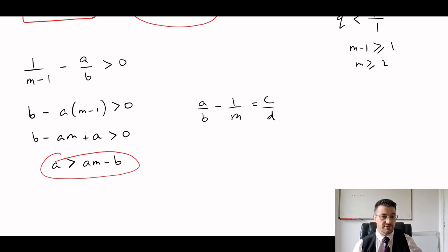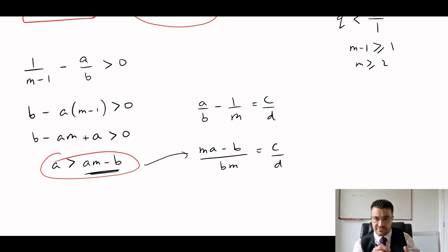Again, I can multiply through, clear denominators. Or actually, no, not clear denominators. I can get a common denominator on the left-hand side. So I get MA minus B over BM is equal to C over D. Now I started to think this could be useful to me. Because look, AM minus B, MA minus B. Same expression.